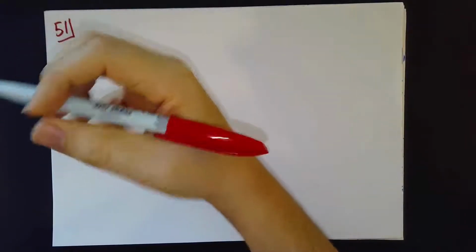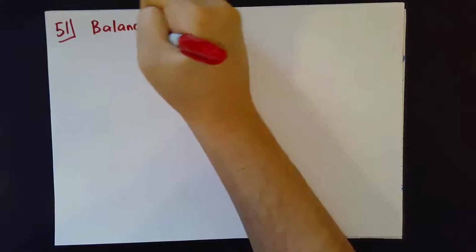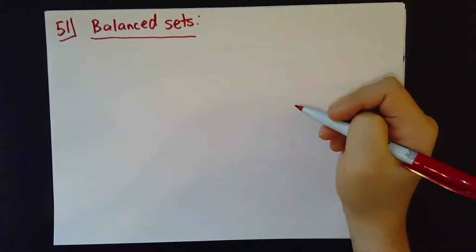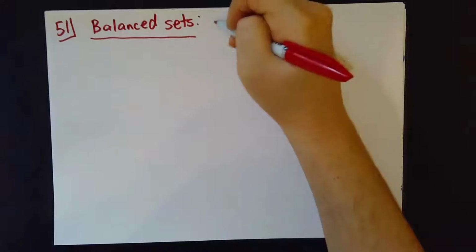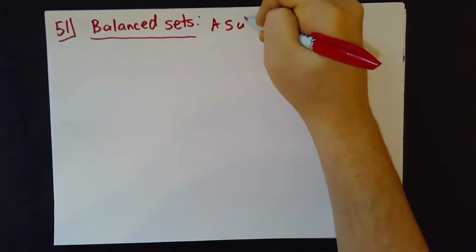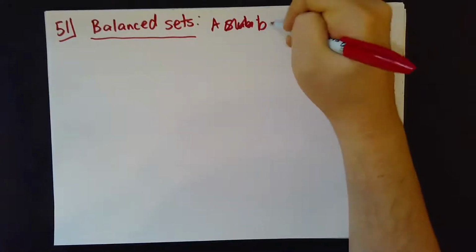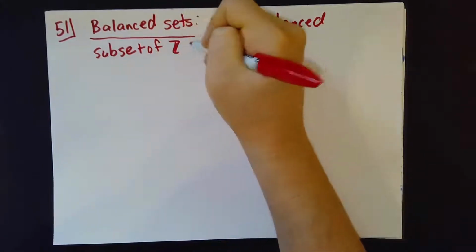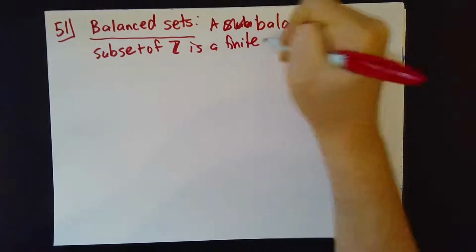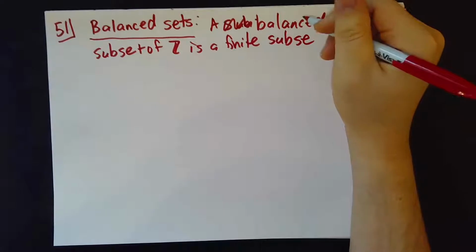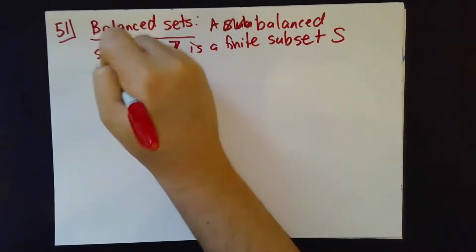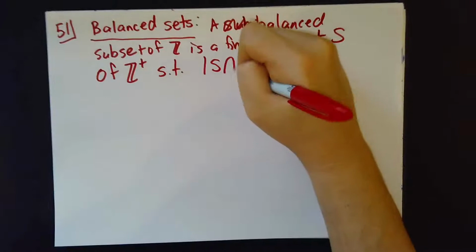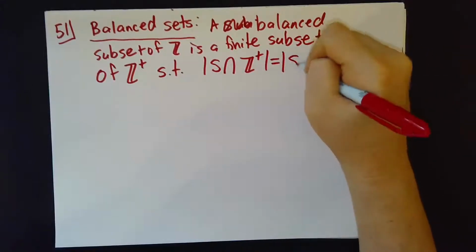Okay, so 51 is about balanced sets, where a balanced set is a finite subset S of Z plus such that the size of S intersect Z plus is the same as the size of S intersect Z minus.